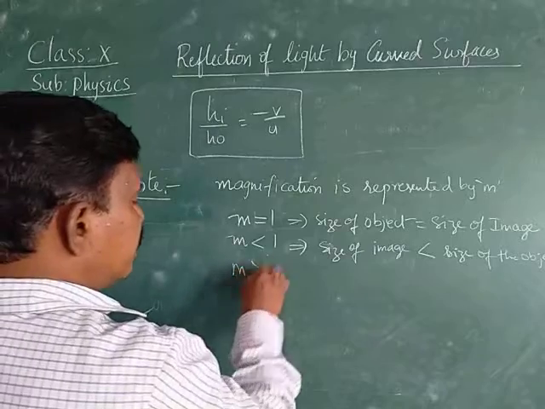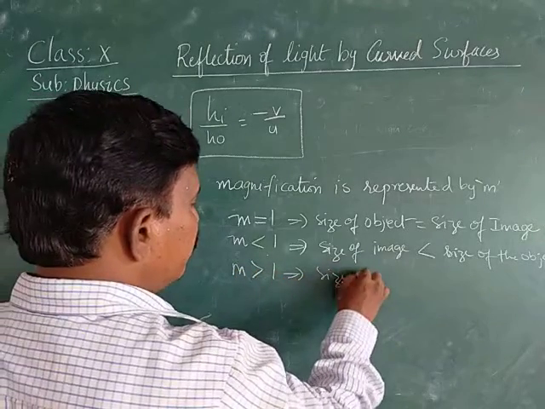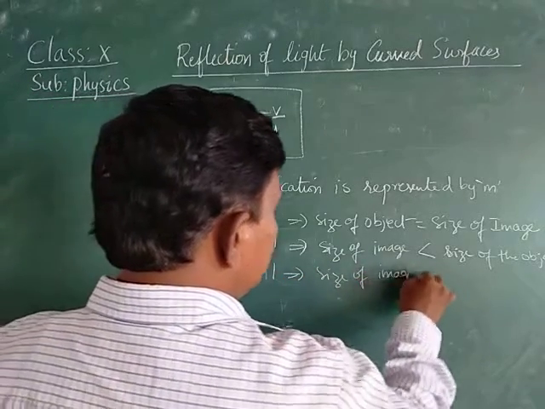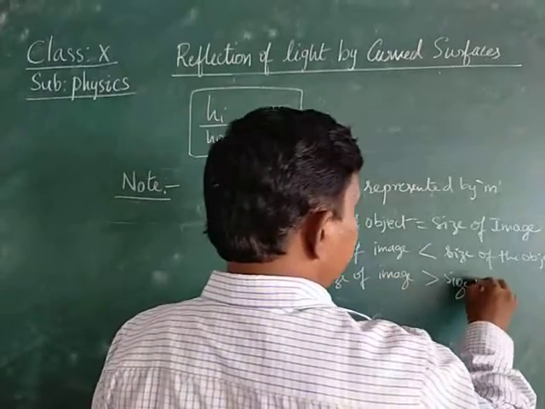And if m is greater than 1, then the size of the image is greater than the size of the object.